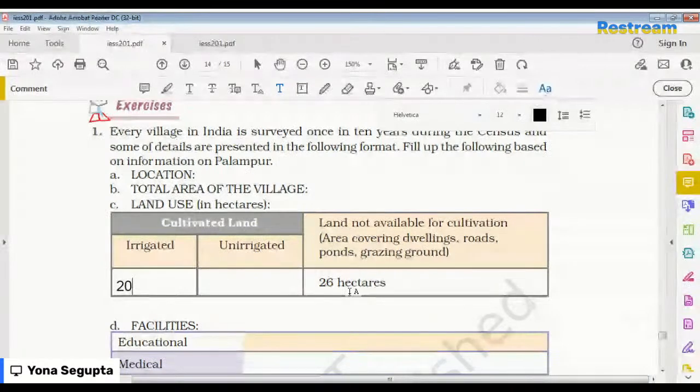It will be 200. When you write in your exams or anywhere, please write it in hectares, not only the abbreviation. Okay, 200 hectares.